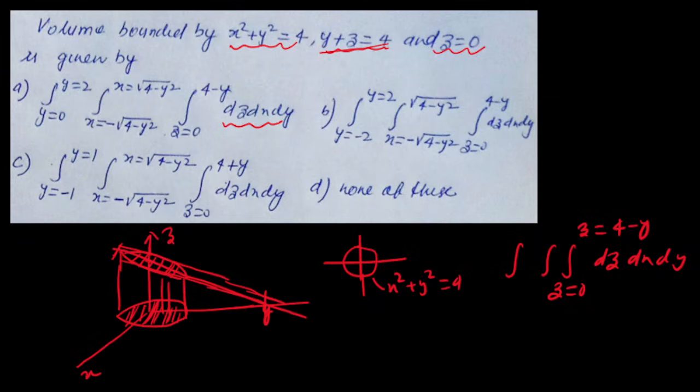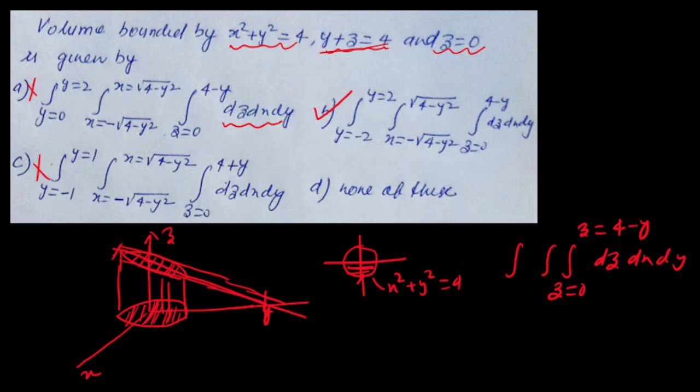If I take a horizontal strip, because they have taken the limit of x first, the limit of x will be minus under root 4 minus y square to plus under root 4 minus y square, and then I have to move it from minus 2 to 2. So the B option will be correct over here, because this option certainly is not correct, because the limit of z is wrong. And here y is equal to 0 to y is equal to 2, means it will be just above the x-axis, so that option is also not correct.